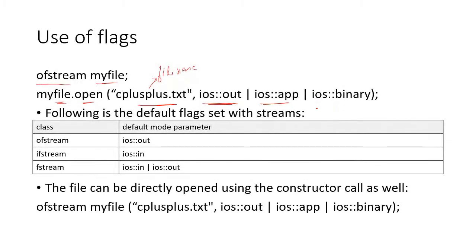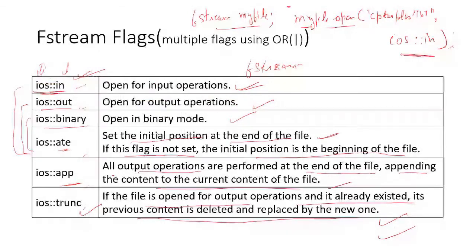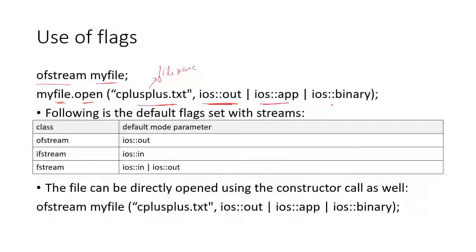If you remember what app does, all output operations are performed at the end of the file, appending the content to the current content of the file. And then ios::binary, so I'm opening this file in binary mode. This is how the combination can be done by using the or operator.